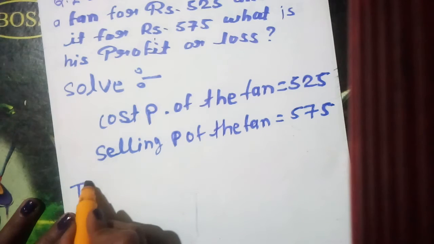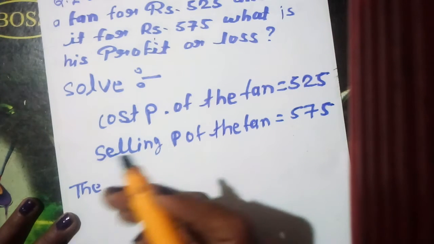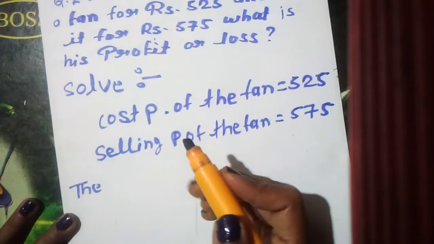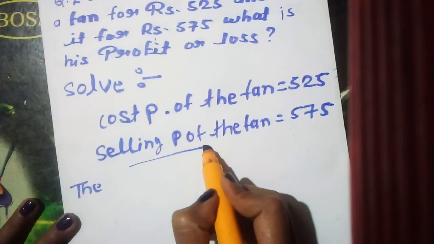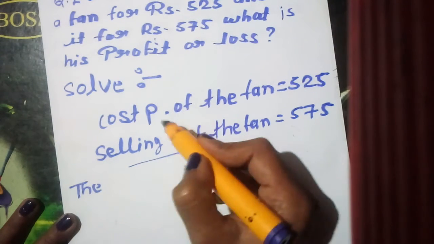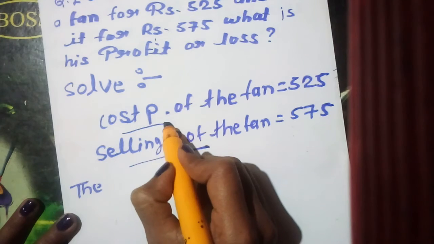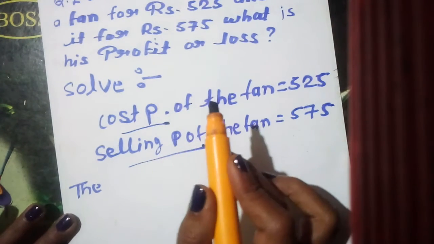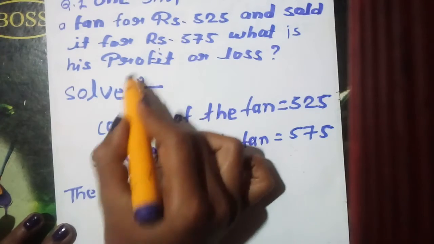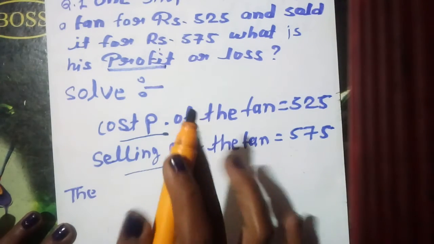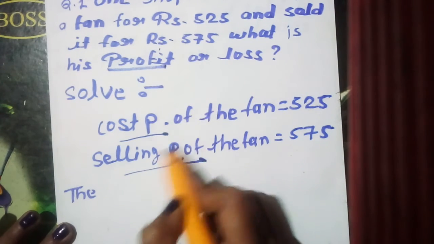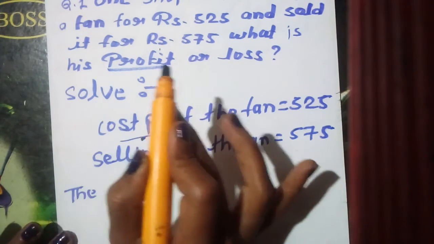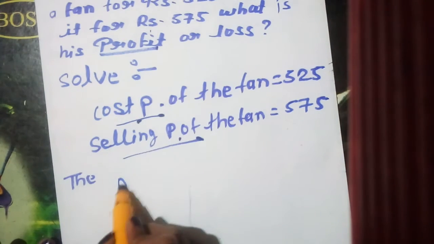So the selling price is more than the cost price, so there is a profit. Profit is equal to SP minus CP.